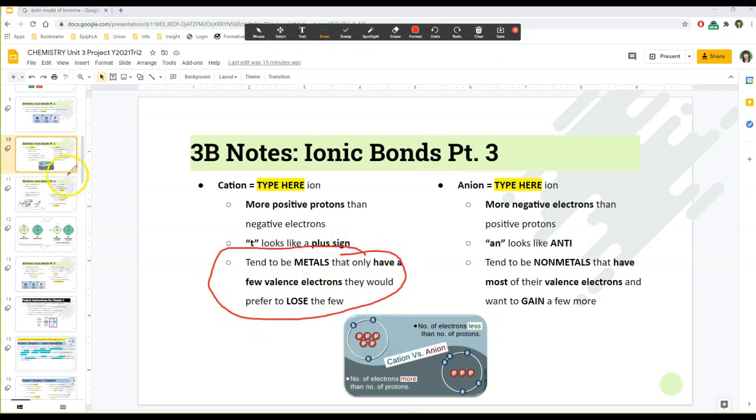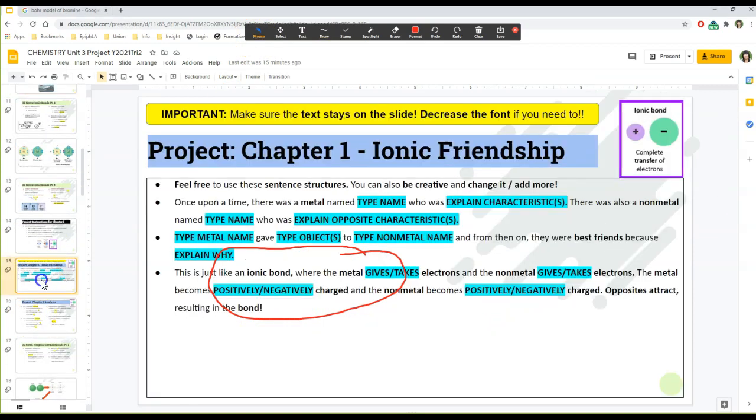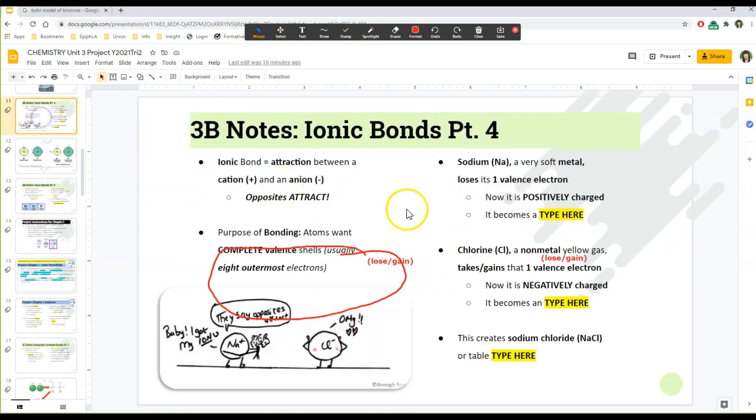So this is going to be helpful with this. Okay, so taking a look here, right, so metal, you should be able to say gives or takes. Is it losing or gaining? Right, another way to think about it is lose/gain. Okay, and the non-metal, again, same thing. Does it lose or gain? Lose or gain. Again, all that information is right here in your notes on slide.